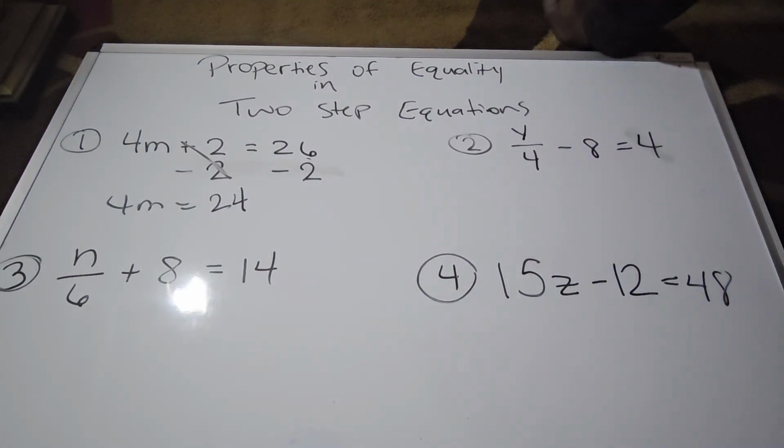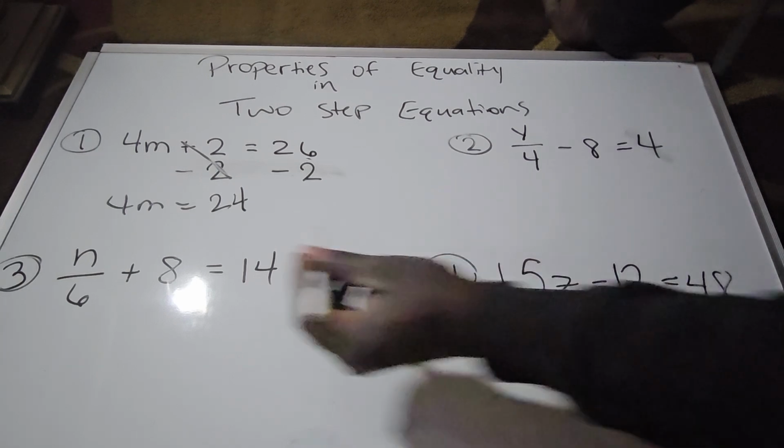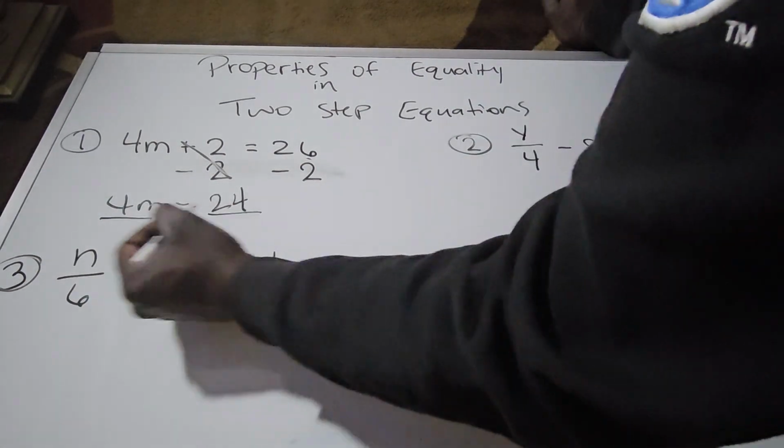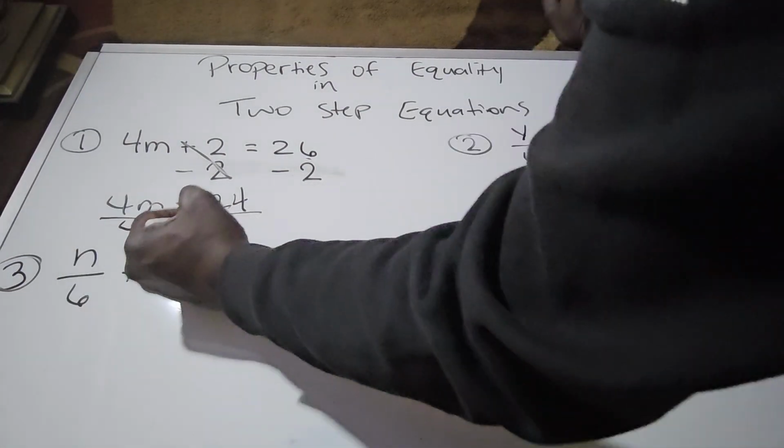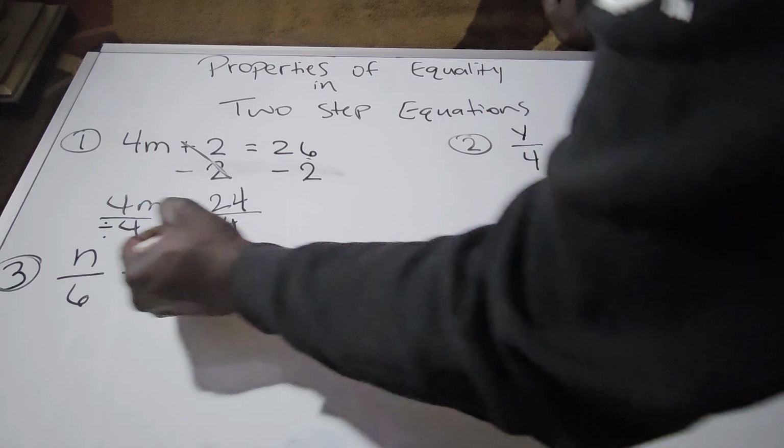Now we're to the second step of the equation. We have 4m equals 24. In this equation, we still have to use the properties of equality to get m by itself. 4m is the same thing as saying 4 times m, so we will divide by 4 on both sides.